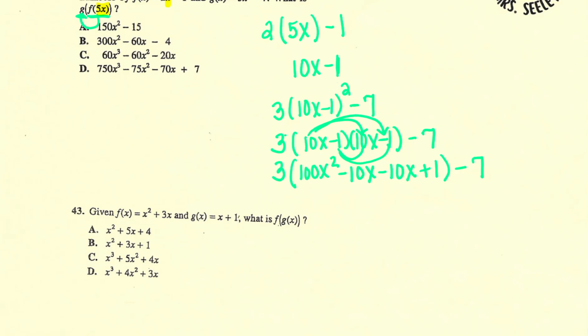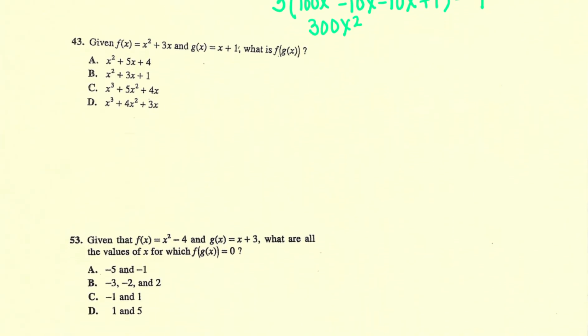Now it's asking us to distribute the 3 through. As soon as I do that, I get 3 times 100, which is 300x squared. Look at your answer choices up there. It could only be B answer. So therefore, just stop and don't even work anymore on the problem. Just save your time for another one.